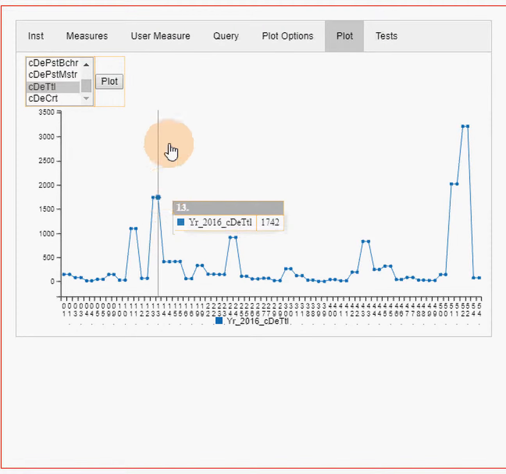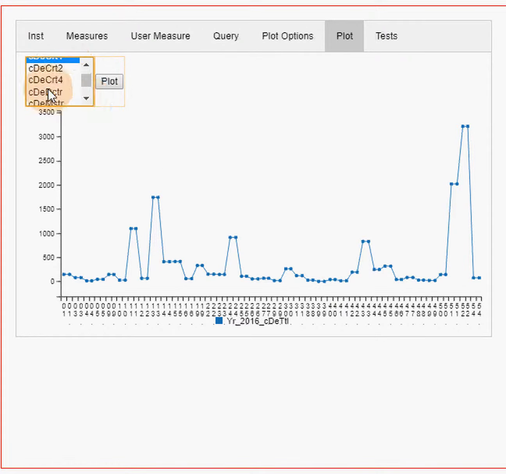If we break down to different levels, for example, let's just look at the certificate, just for the sake of interesting features.